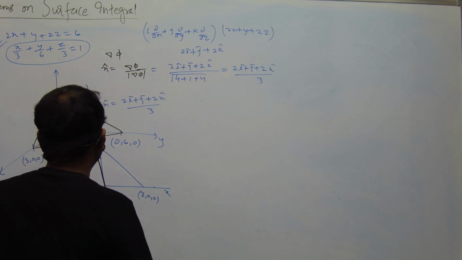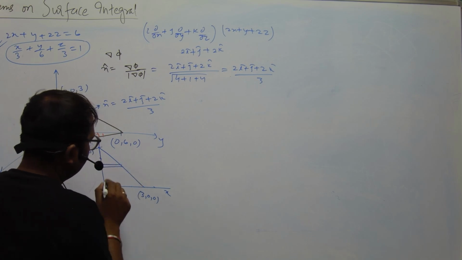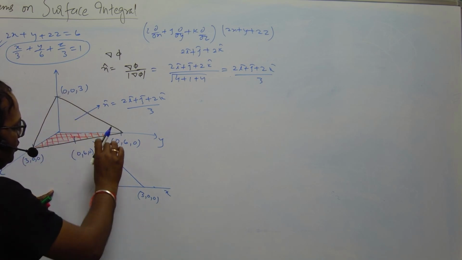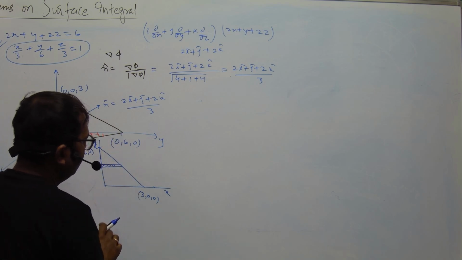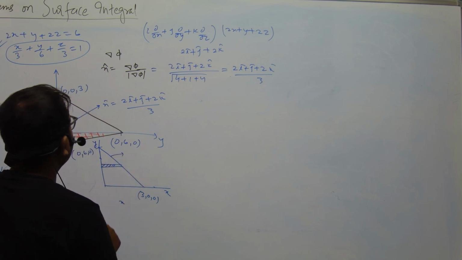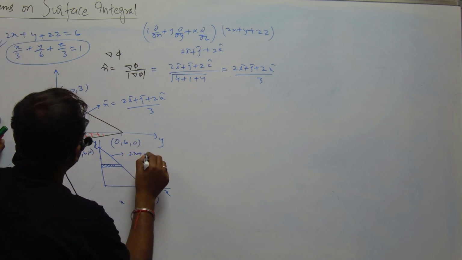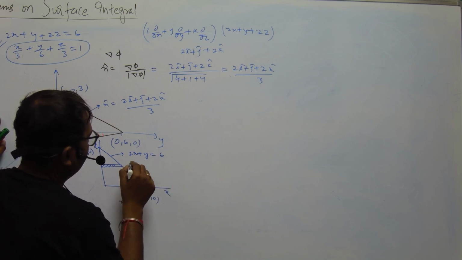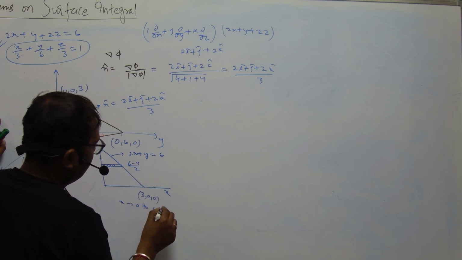How can we cover this whole region? We have to take a strip like this. If we move this strip in the y direction, then it will cover the whole area. Here the equation of this line, with z equal to 0, is 2x plus y is equal to 6. So x varies from 0 to 6 minus y upon 2.